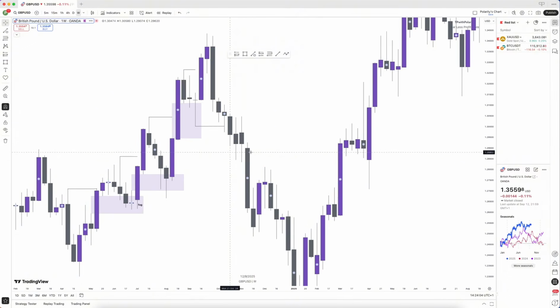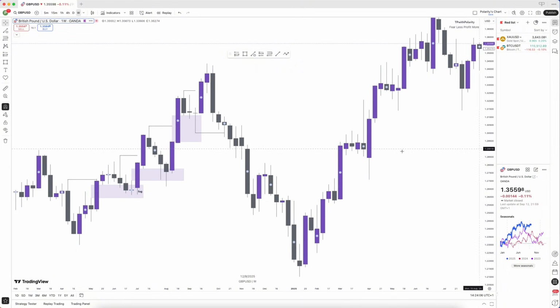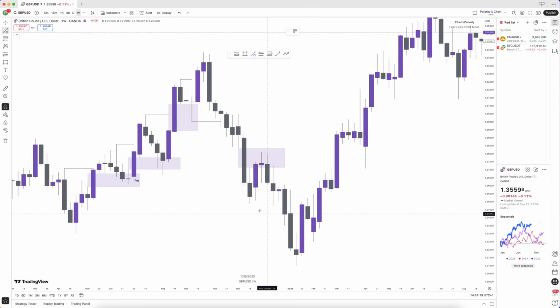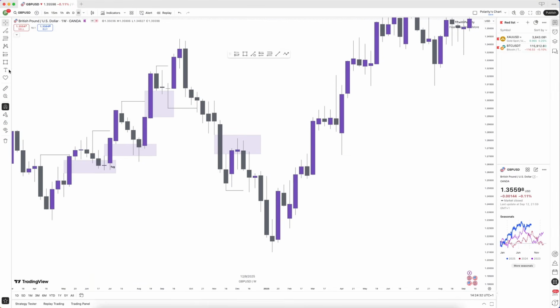This is the sell side liquidity. Pay attention. Then price was moving, and an imbalance was created right here. Price used this as a liquidity zone, and when price triggers this fair value gap, it will automatically anticipate that price will dump into this sell side liquidity. And that's how the market moves from liquidity to liquidity.